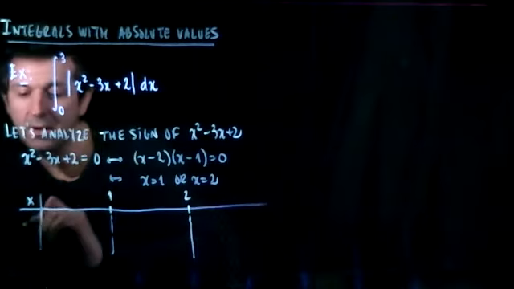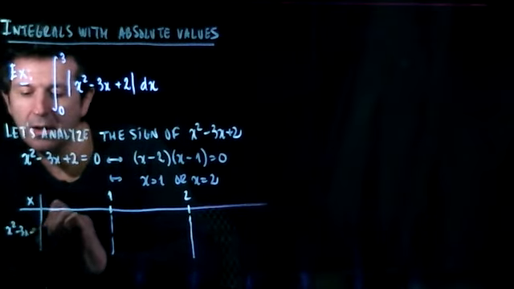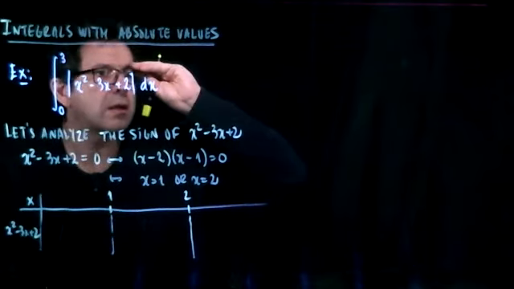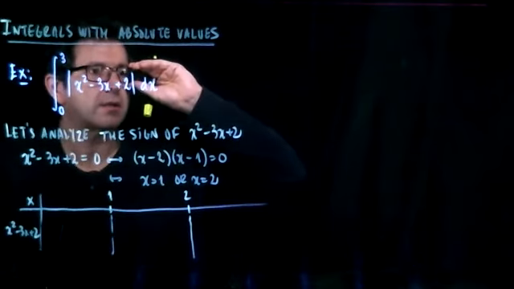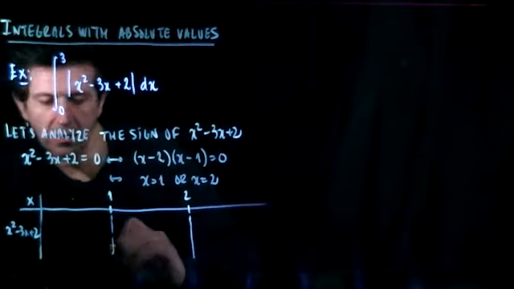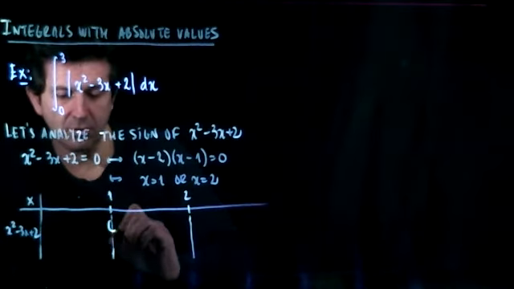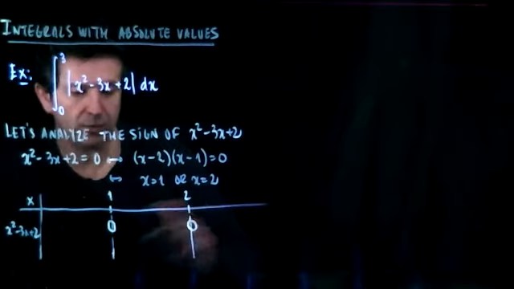So it's just like using the critical points to find intervals. Exactly. So x^2 minus 3x plus 2 becomes 0 at 1 and 2.